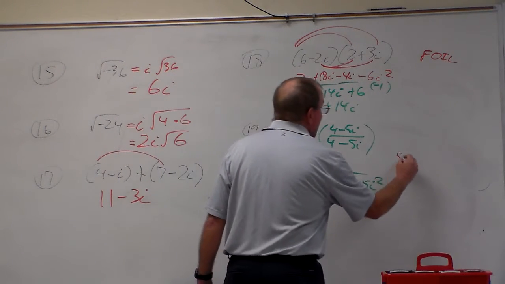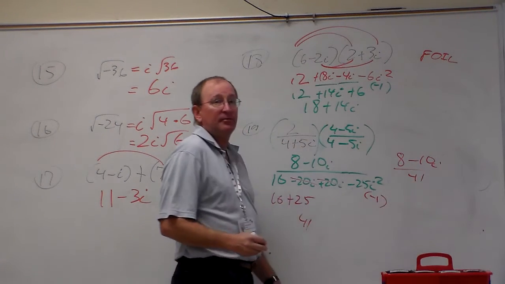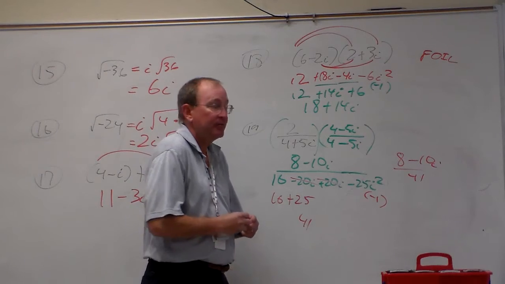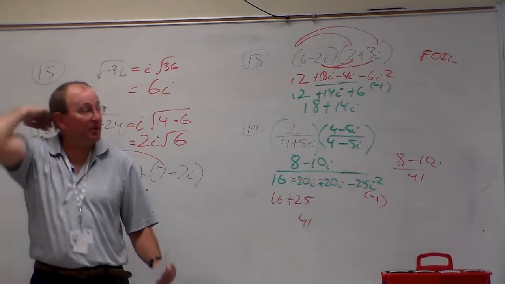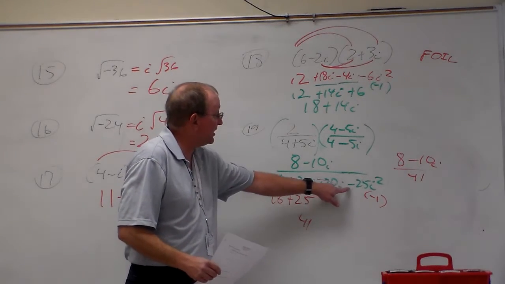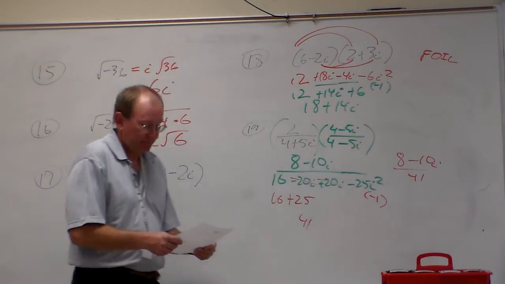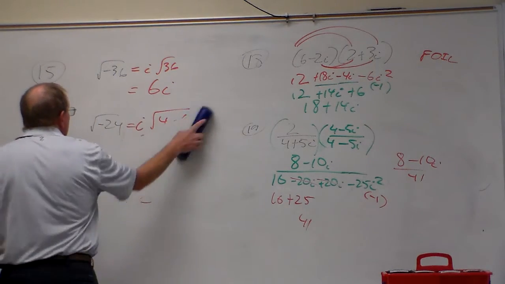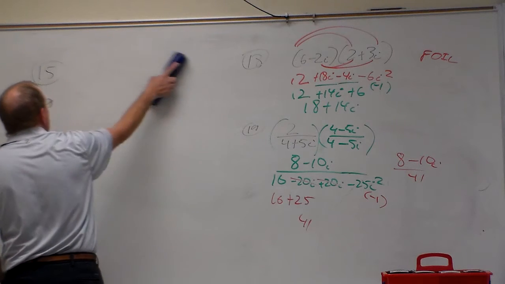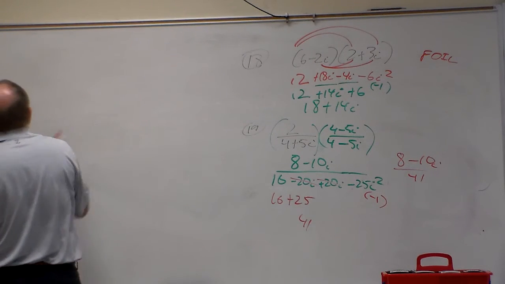So the answer is 8 minus 10i over 41. There's your answer. That's all the harder it is. But you have to remember to multiply by the conjugate. Okay? And then the last one is probably one of the hardest ones, but not if you know everything.